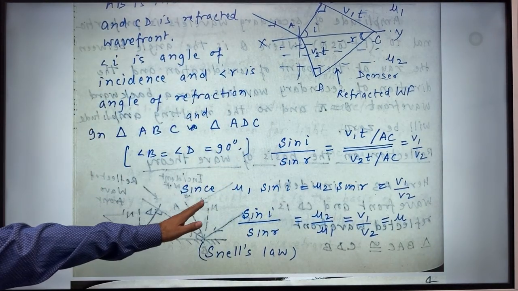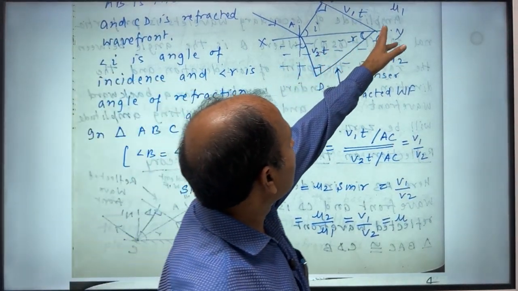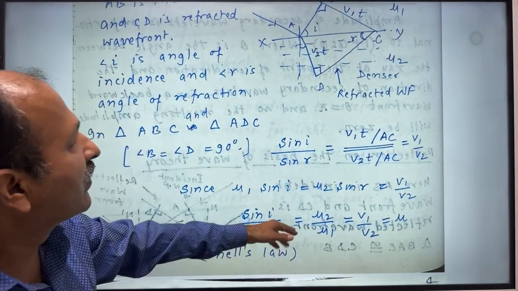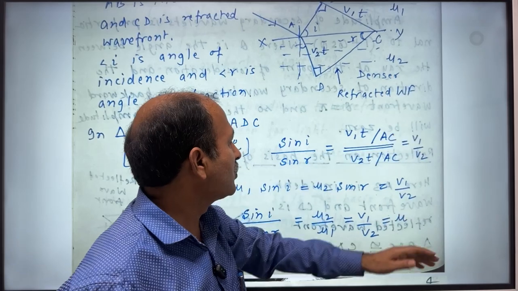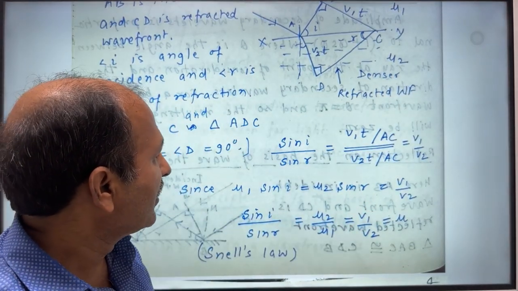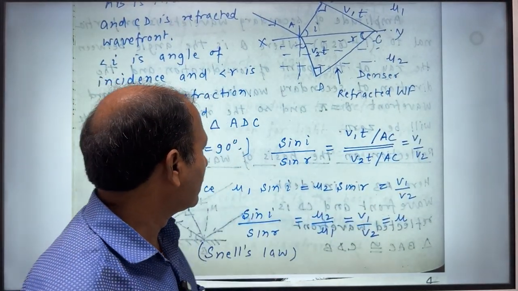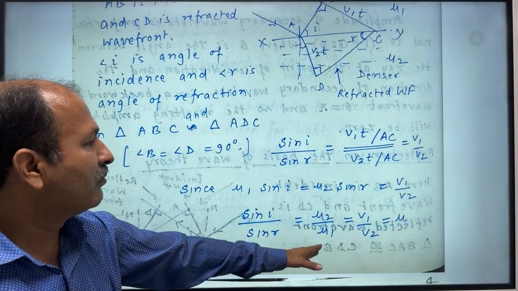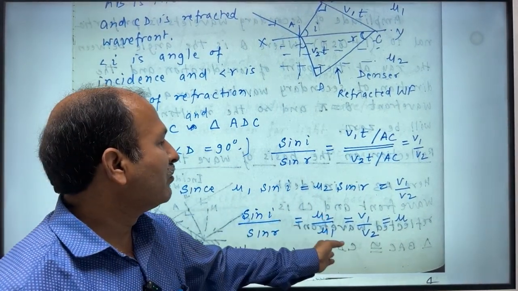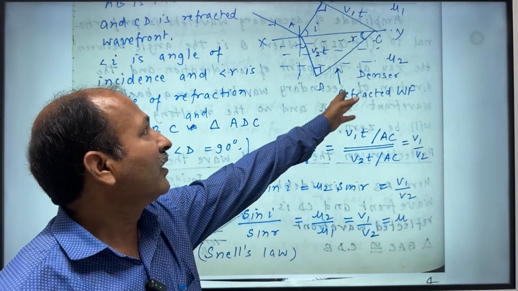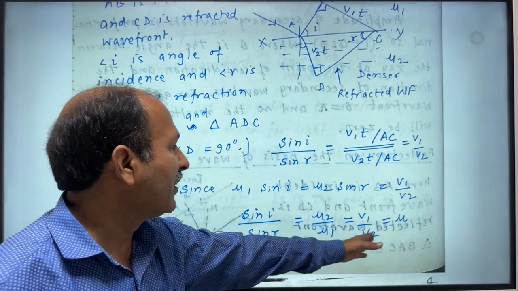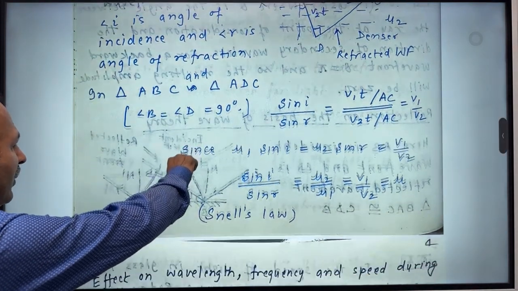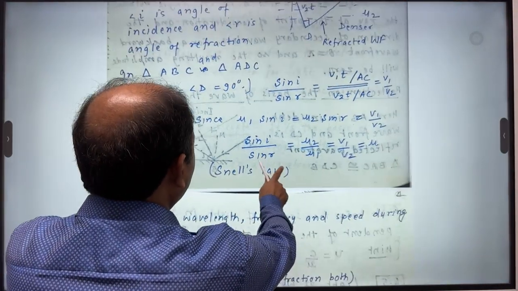Now if you take the refractive index of this medium as mu1, we write mu1 times sin I equal to the refractive index of this medium, mu2, times sin R. So this gives V1 upon V2, right? So sin I upon sin R will give mu2 upon mu1, and mu2 upon mu1 is the refractive index of the second medium with respect to the first medium. So V1 upon V2 is mu, which is Snell's law. I think you have understood up to here.